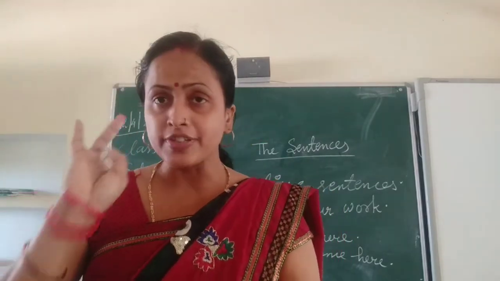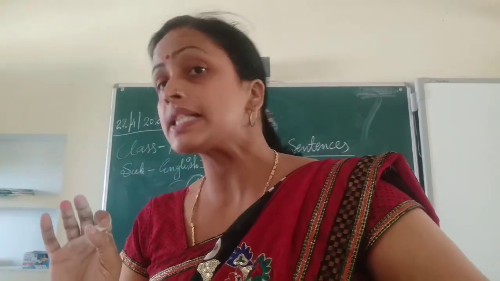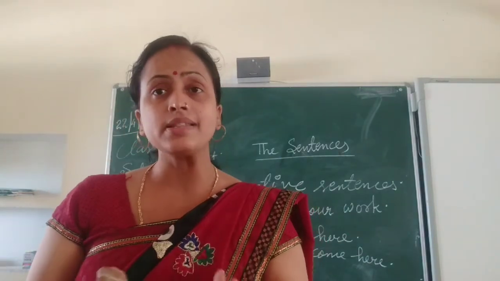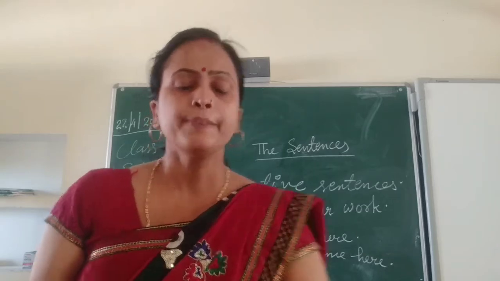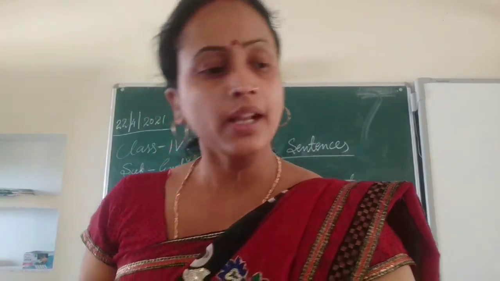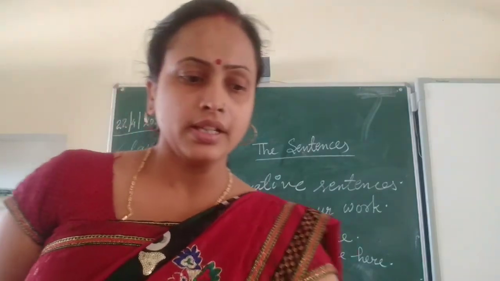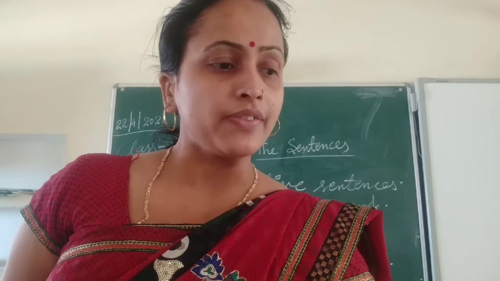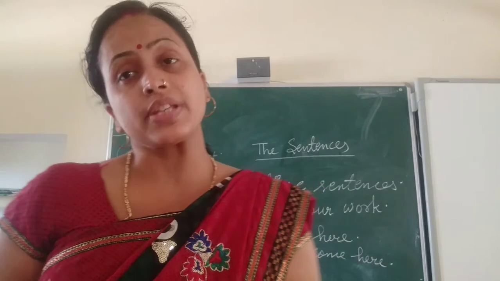Hope you have understood the definition of sentence. Now what we have learned: the definition of sentence, and that punctuation marks are necessary when we are making a complete sentence. It should be arranged in a proper order, and there are four kinds of sentences. First, assertive sentences. Second, interrogative sentences, then exclamatory sentences, and imperative sentences.